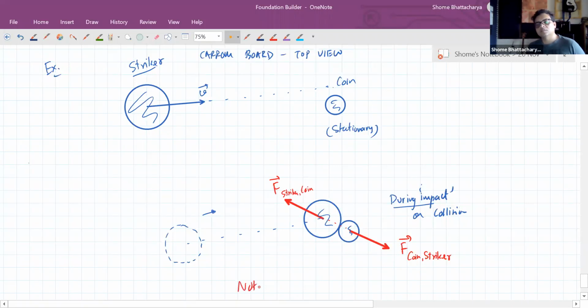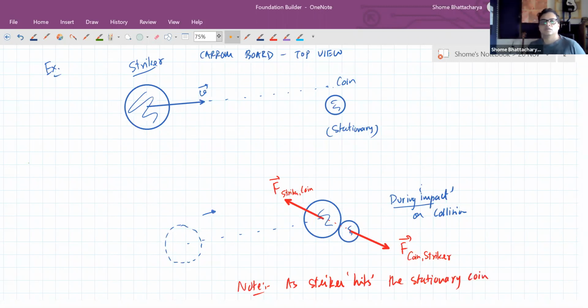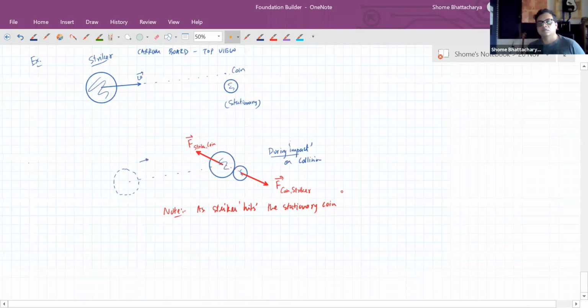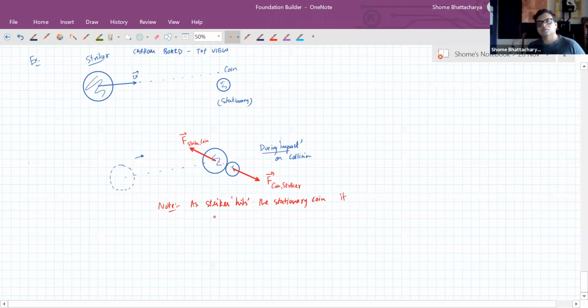So as the striker hits the stationary coin, it applies an impact force, which we can think of as the action on the coin.